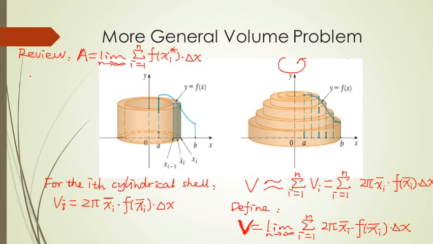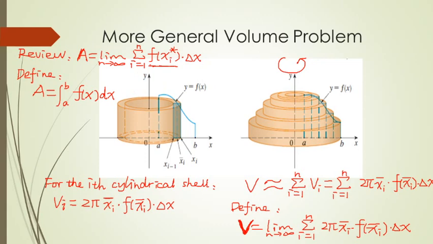So we can define the area A as a definite integral from a to b. What is the integrand? The integrand is the fx here, so fx dx. The delta x is equivalent to the dx here.